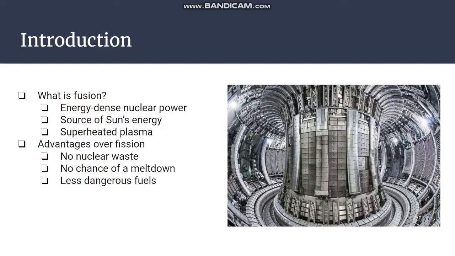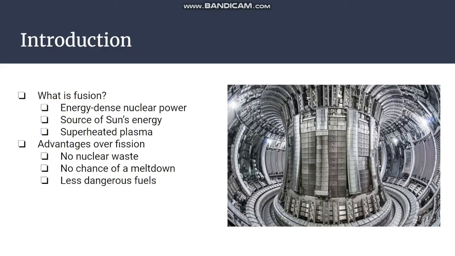And so it's incredibly energy dense, and it is in fact what powers the sun. And in the sun, it's so massive, it's got so much weight and mass to it, rather, that the core of it can become incredibly dense and incredibly hot. And those are the two conditions that you need for a fusion reaction to take place.